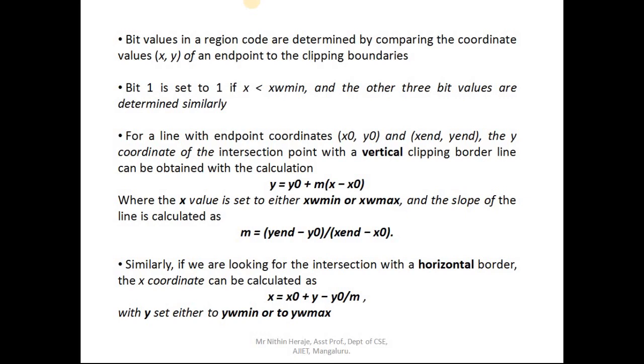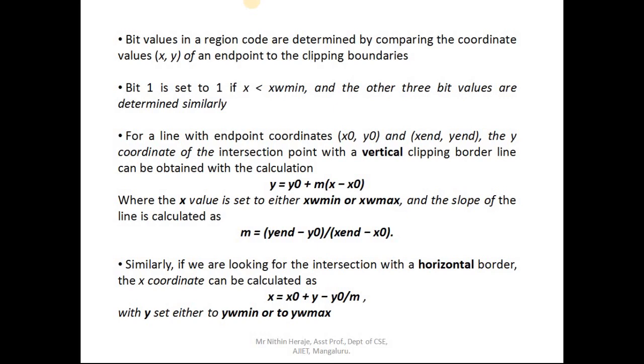So if the value is greater than x max, that means it is lying on the right side of the window. If the value is less than y min, it lies on the bottom side of the window. If the y value is greater than y max, that means the point lies on the top of the clipping window, that is above the clipping window.